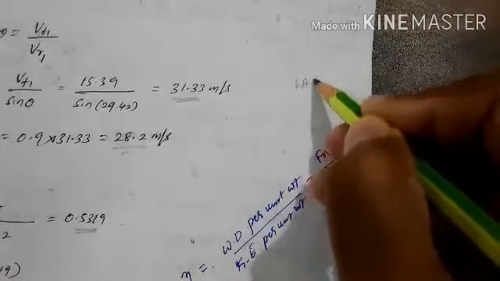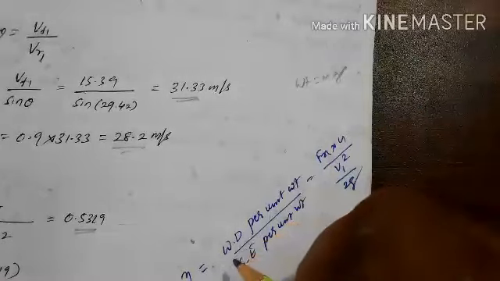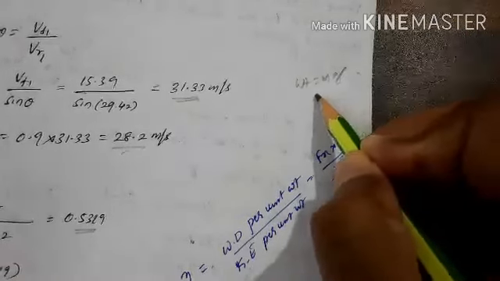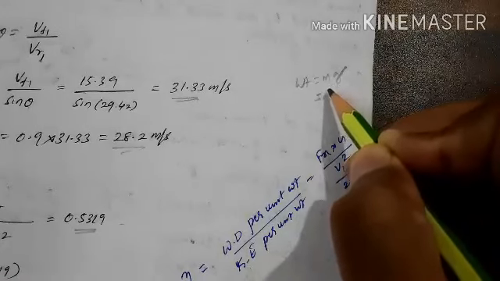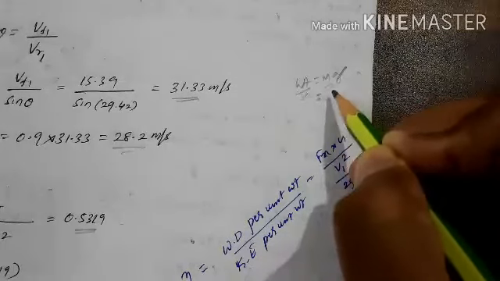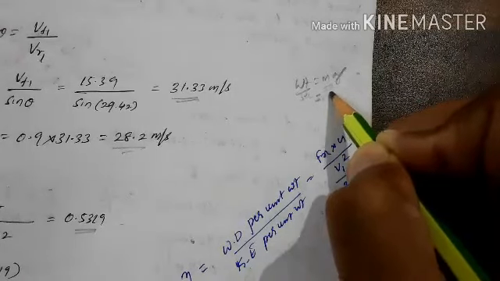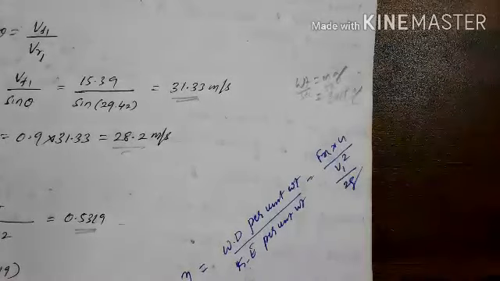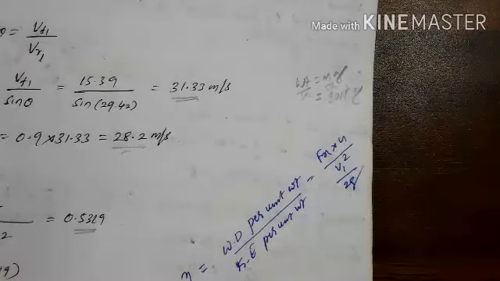Weight can be written as m into g. Then m into g, this will be what? Weight per second. Again, per second, what do we write here? Rho a v square into g.